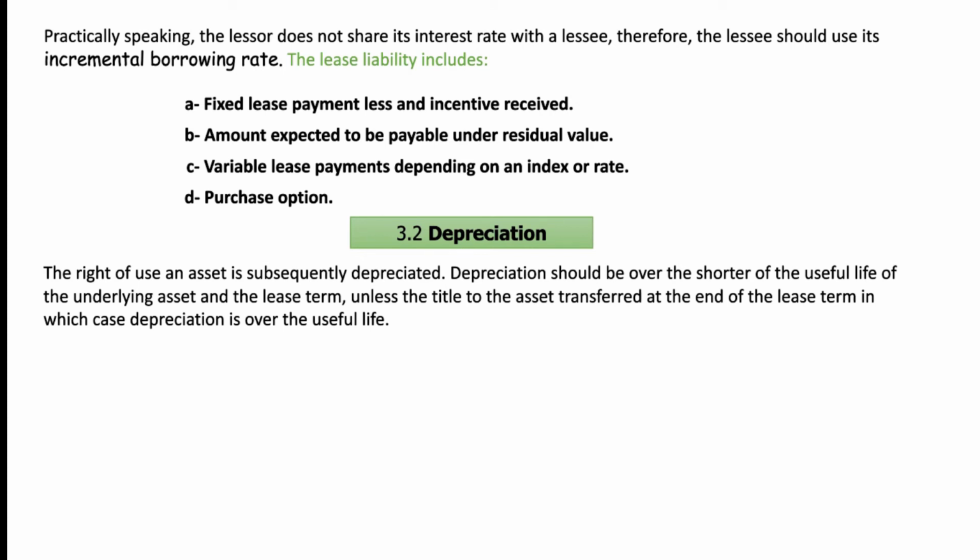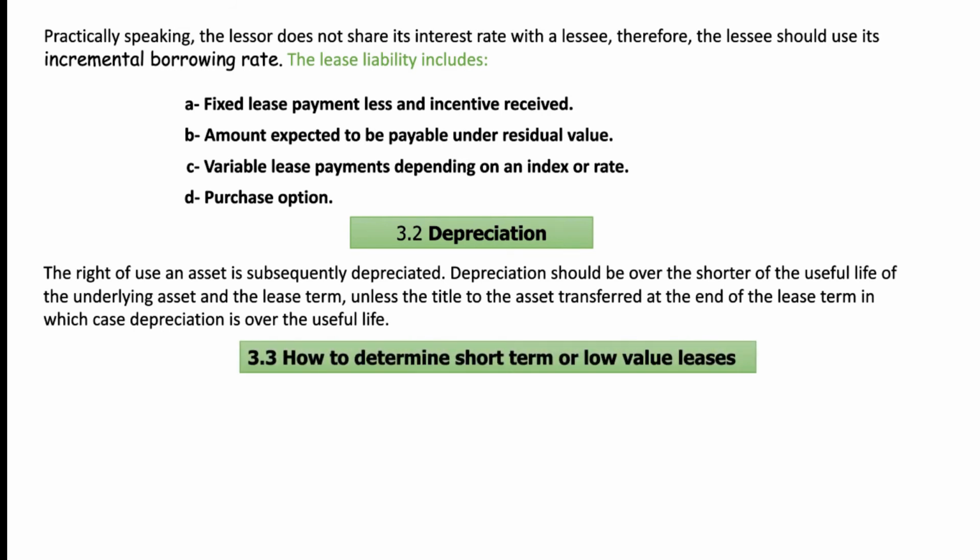In this case, we are going to depreciate these assets over 5 years because the lease term is shorter than the economic useful life of the asset. However, if the contract clearly mentions that the underlying asset would be transferred to the lessee at the end of the lease contract, we will depreciate the asset over its useful life.